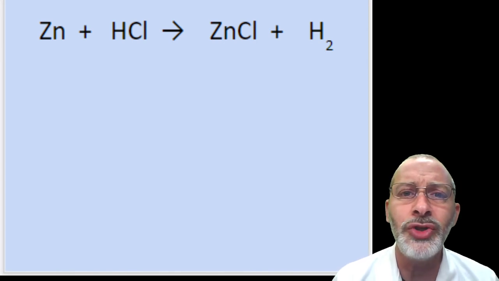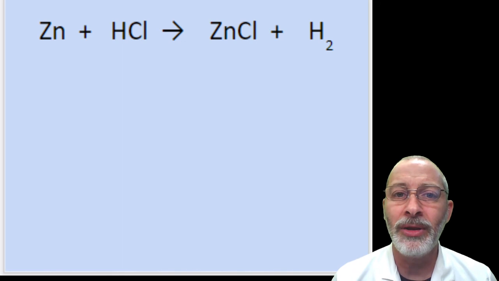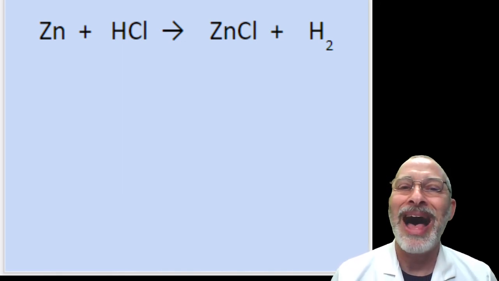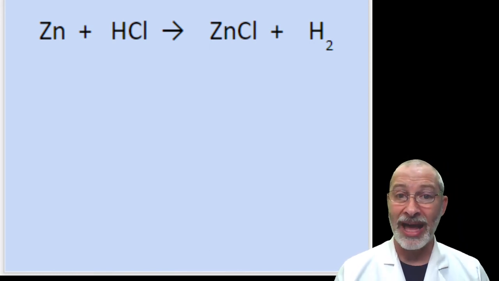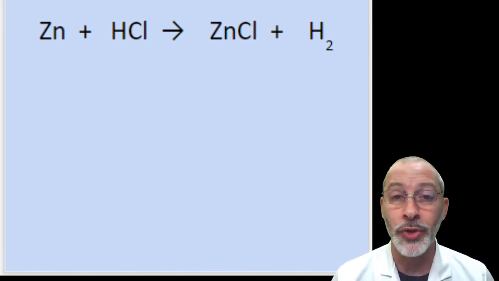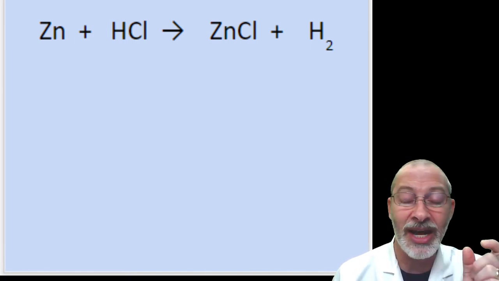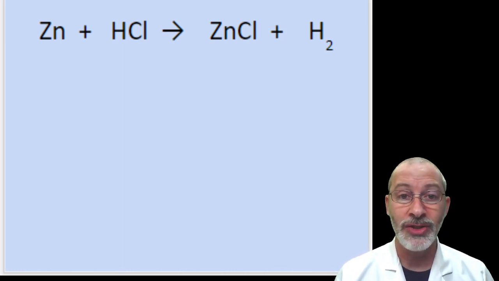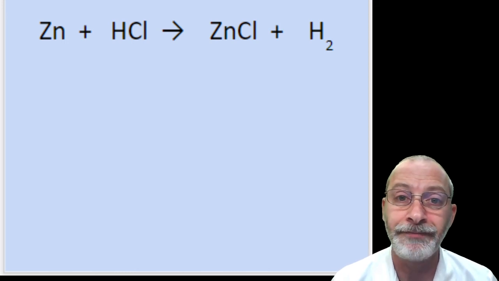But what I would like you to do next to the right-hand side of the chemical equations, I'd like you to go through them and identify what type of reactions they are. More specifically, I want you to go through the chemical equations and identify all of the synthesis reactions and write the word synthesis to the right of the chemical equation.